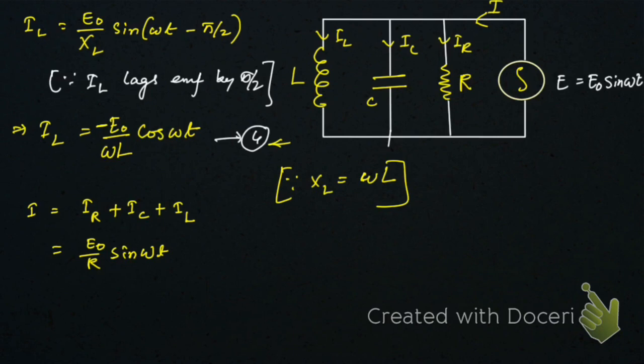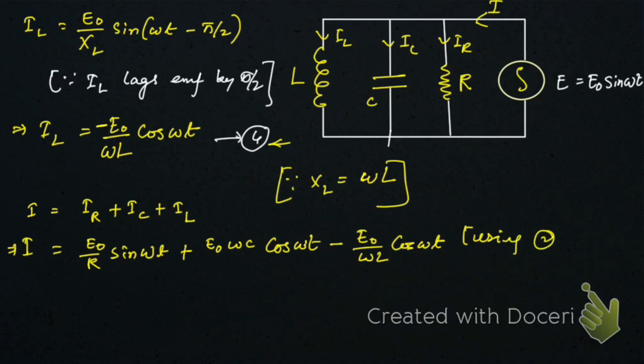Then IC, we have got E naught omega C cos omega t. Then IL is minus E naught by omega L cos omega t. Hope you have understood up to this, using 2, 3 and 4.